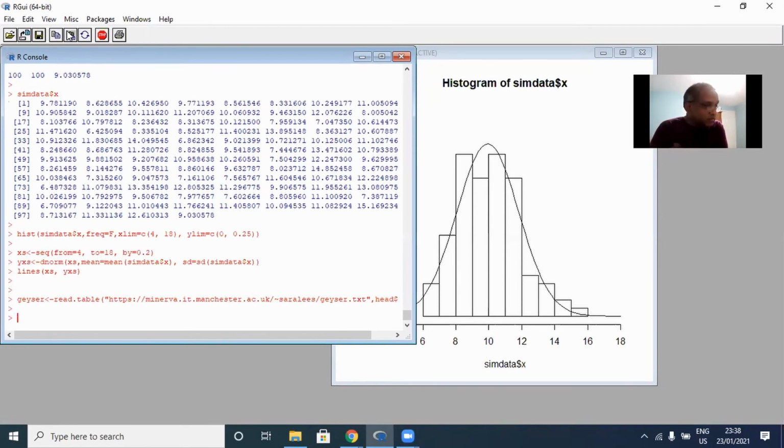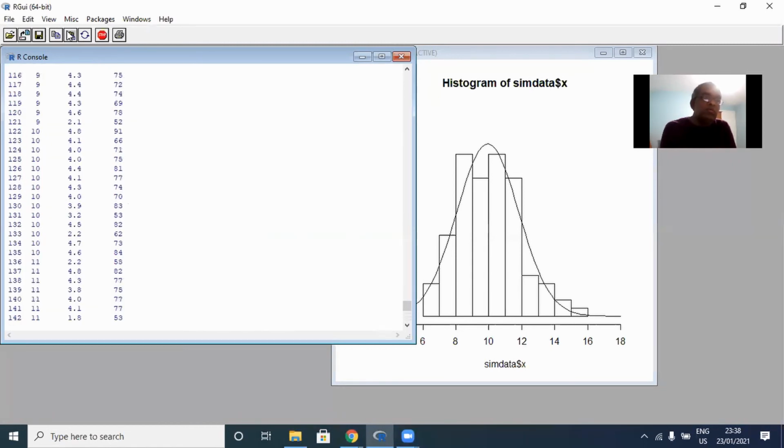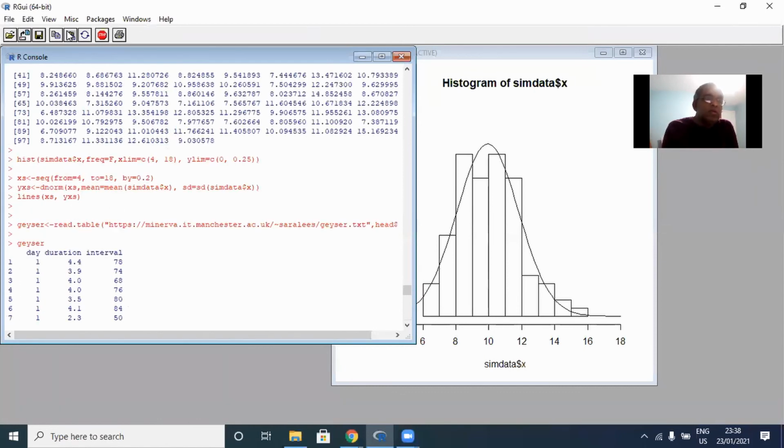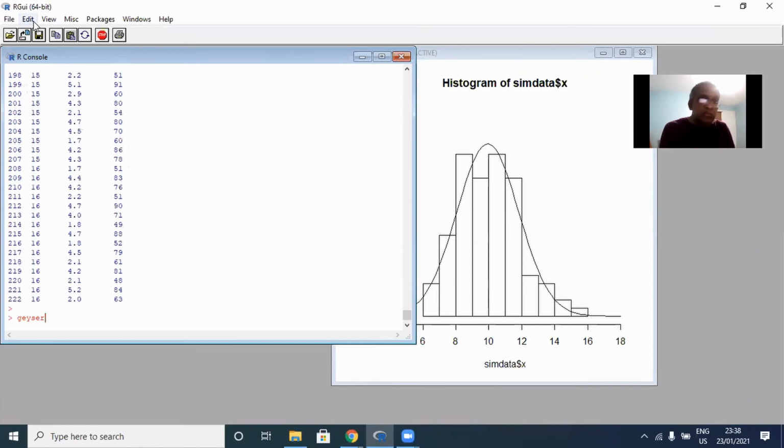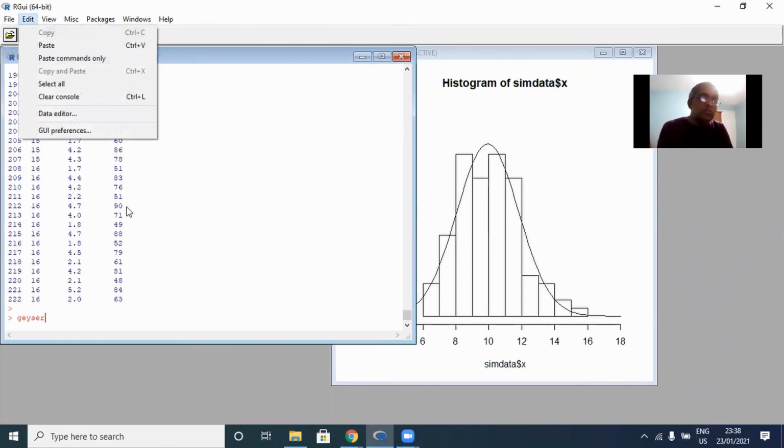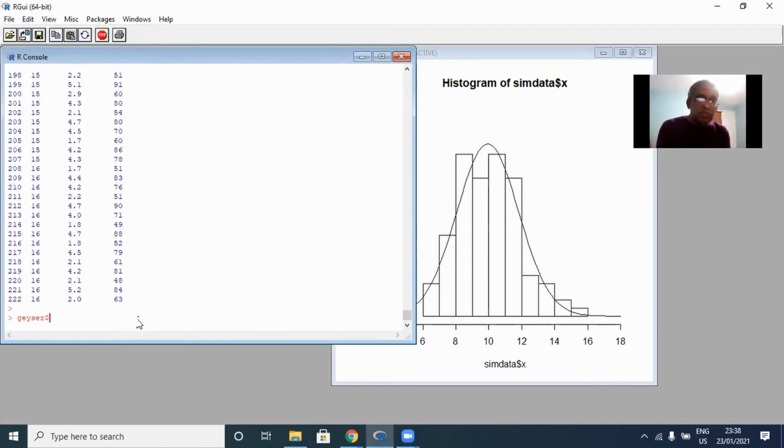The first thing we want to do is a histogram of the data. As I said before, it has 3 columns, and the column that we're interested in is the duration column. So we pick out the duration column, and we want to do a histogram of this column.